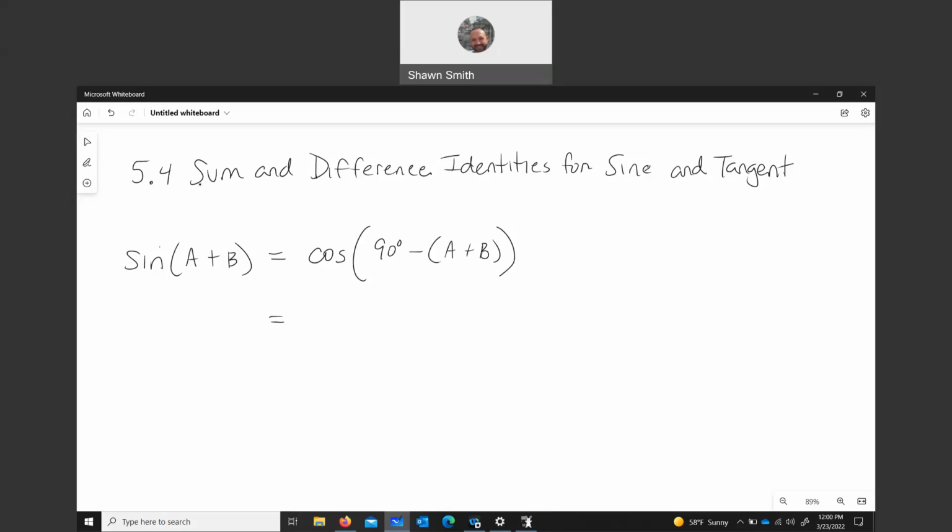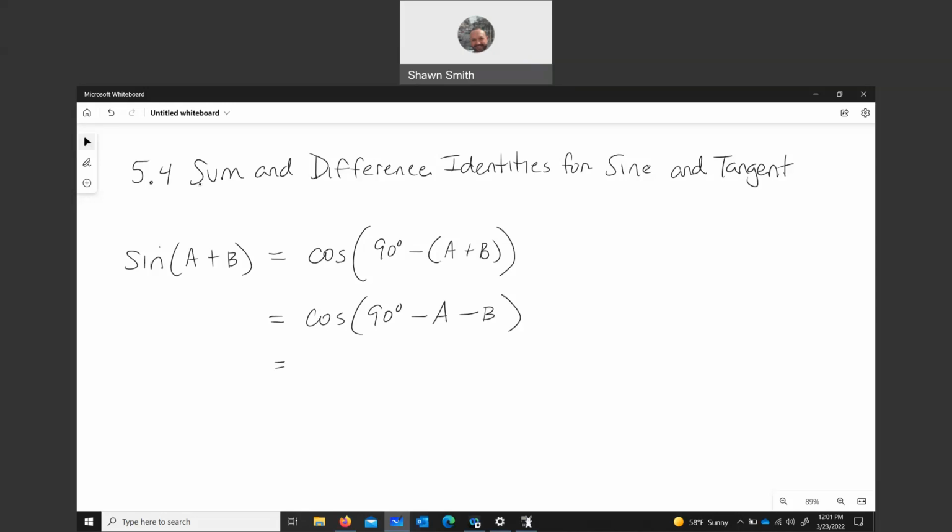All right, now A and B are still angles, right? So if I have minus those two angles, I'm going to distribute the negative across. So minus A, minus B. Now from here, I know from the previous section the cosine of the difference of the two angles, right?